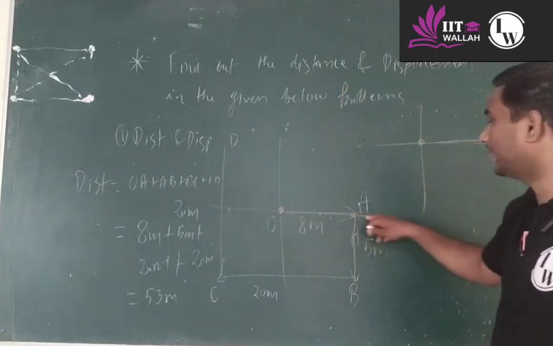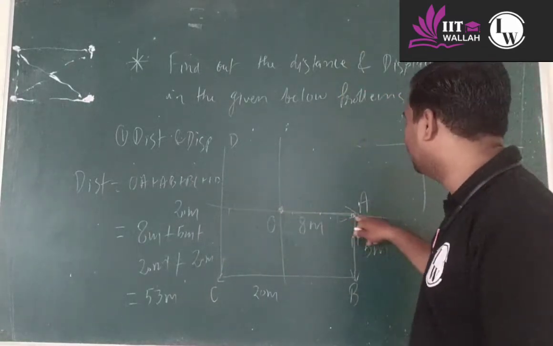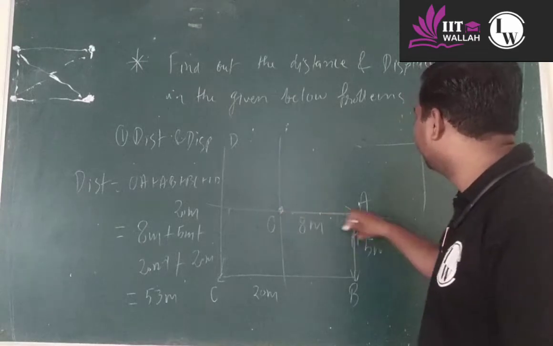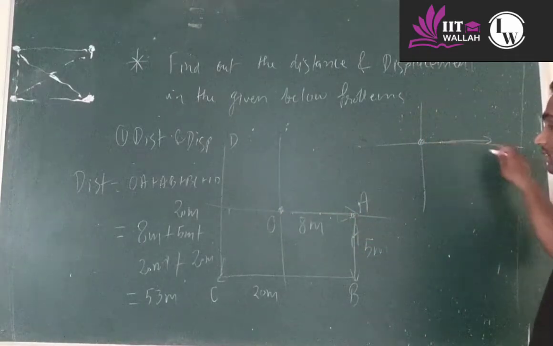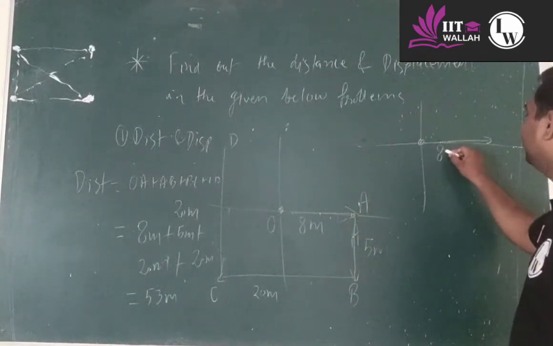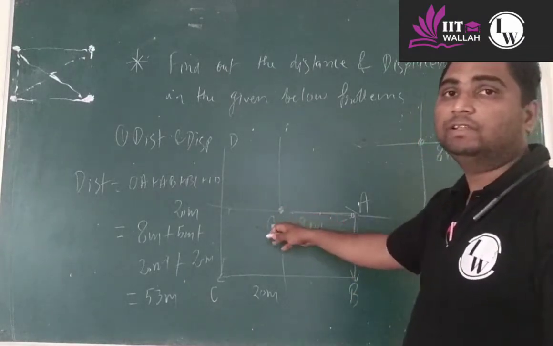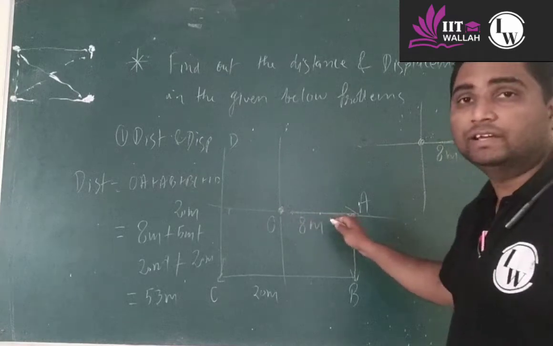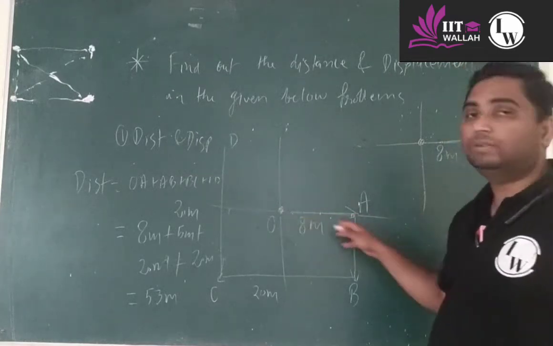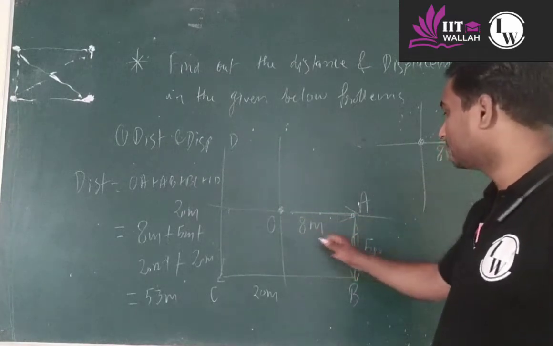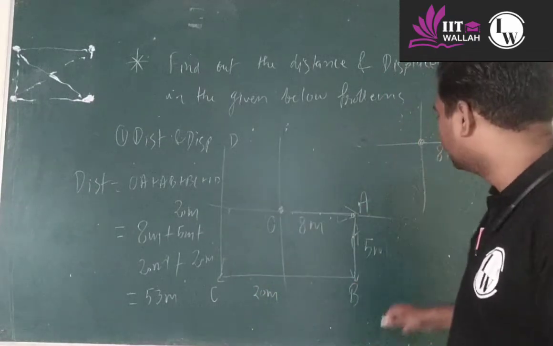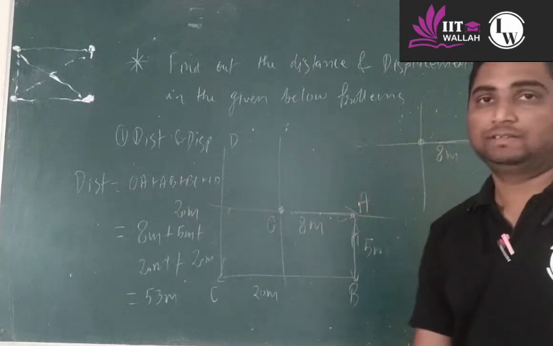OA is in the rightward direction and is 8 meters. Leaving OA, no other length is in the rightward direction, so take the rest in the leftward direction.